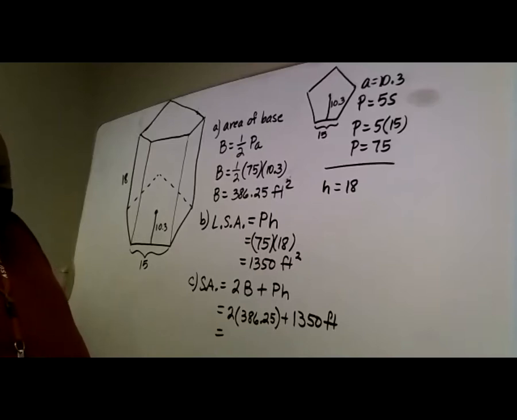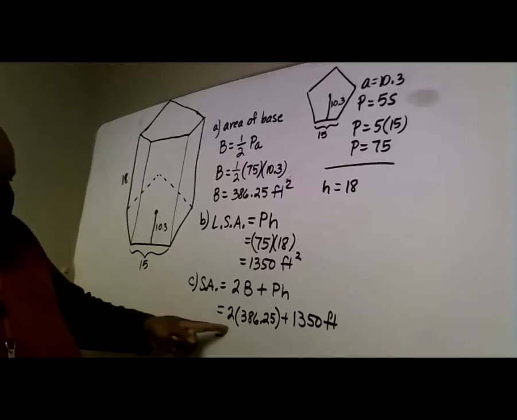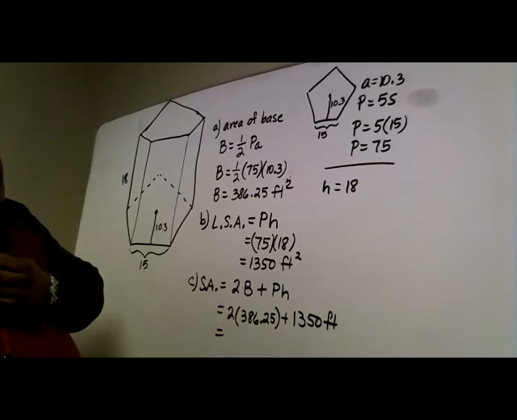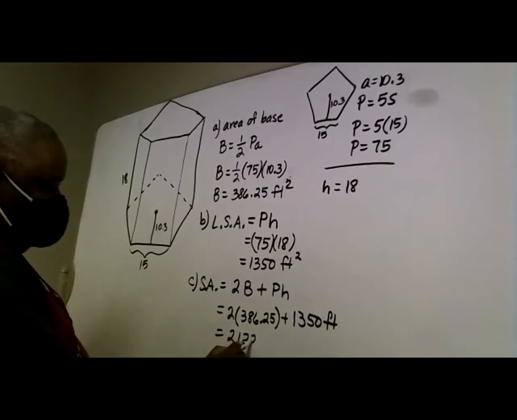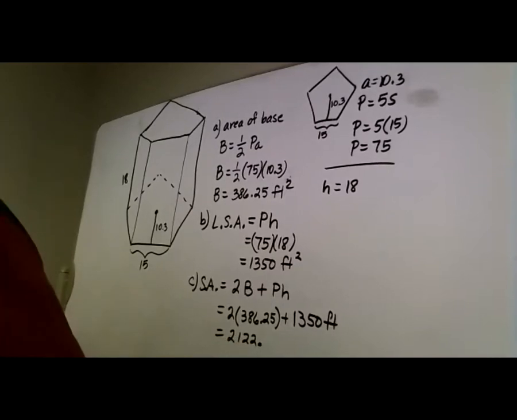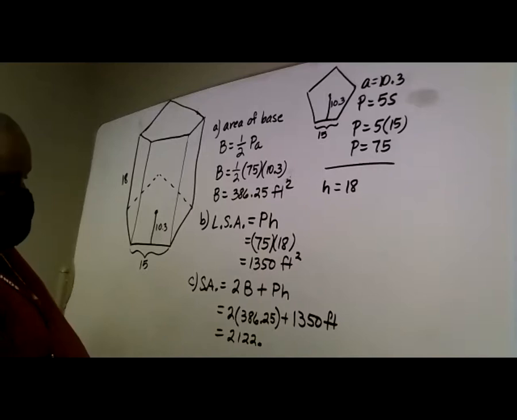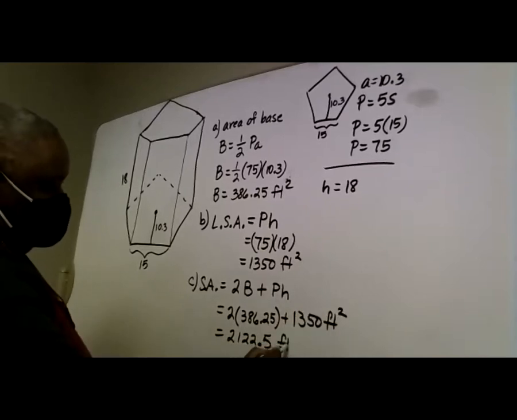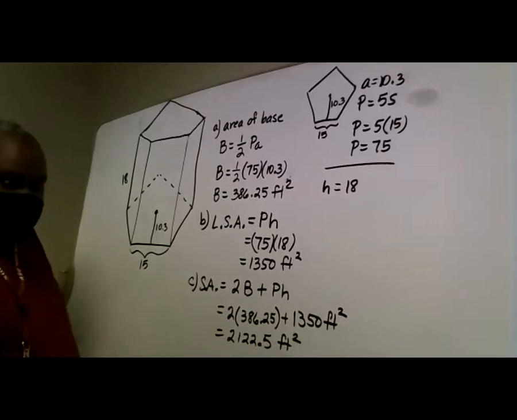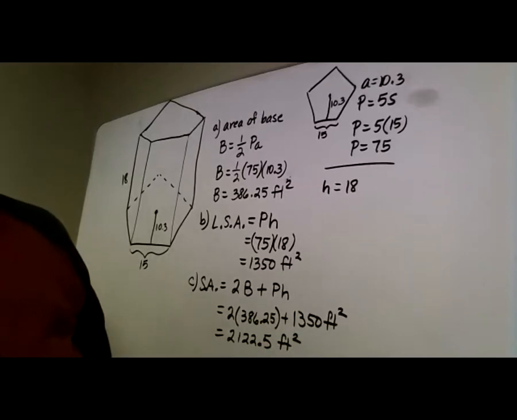So if we simplify that, just do 2 times 386.25 and then add 1,350 to it, you get 2,122.5. And that will be in square feet.